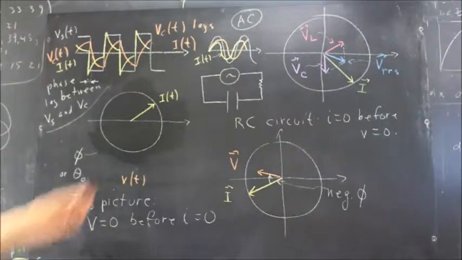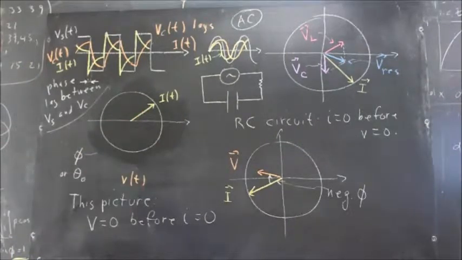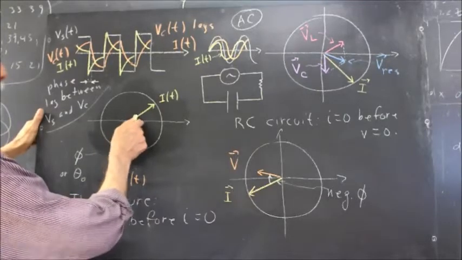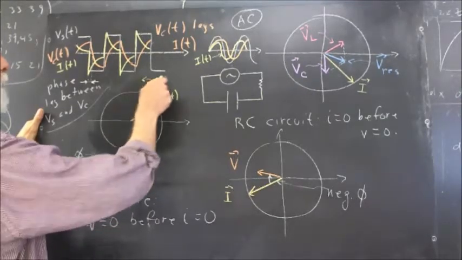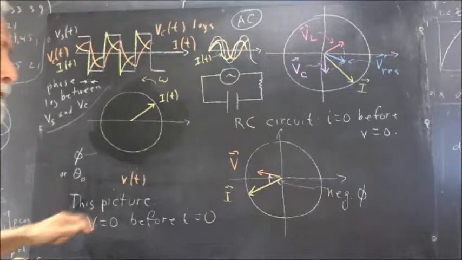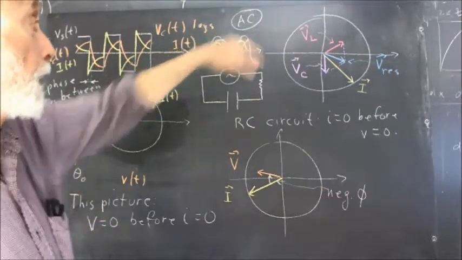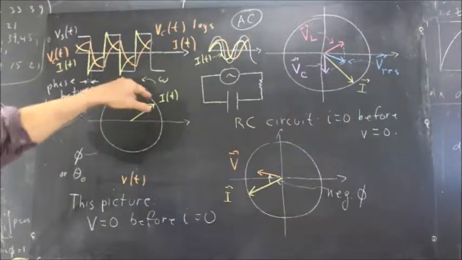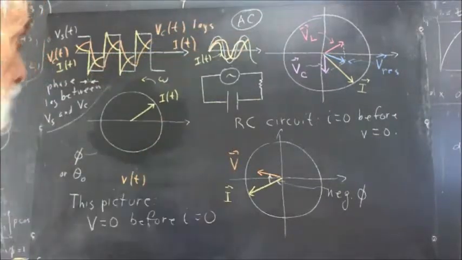Now, let's just think about what this model says about the current. In this model, the current is moving, and we've got an angular velocity, omega. Again, this is for an AC. This model only applies to sine and cosine functions.